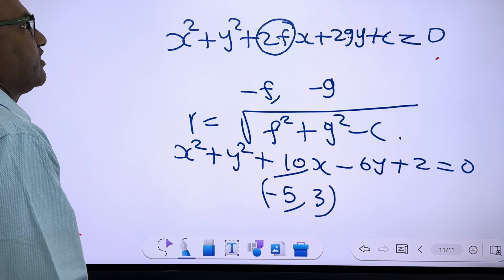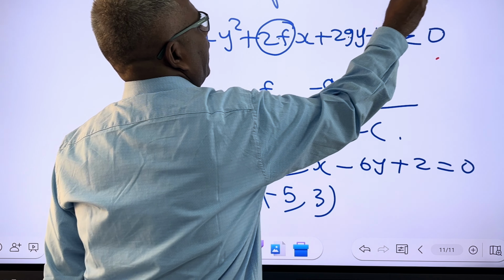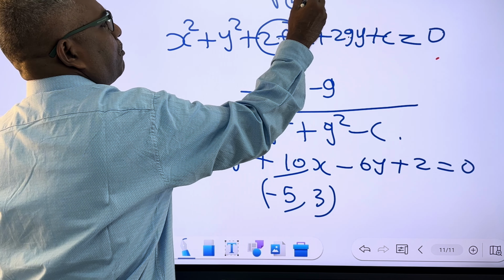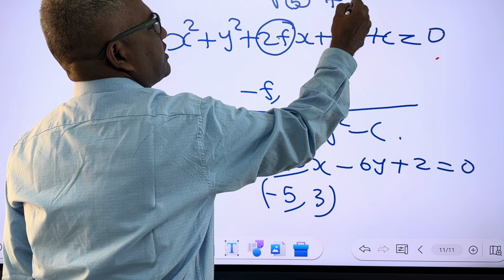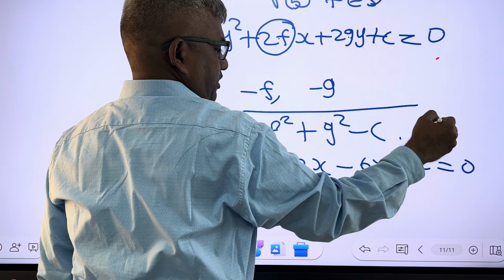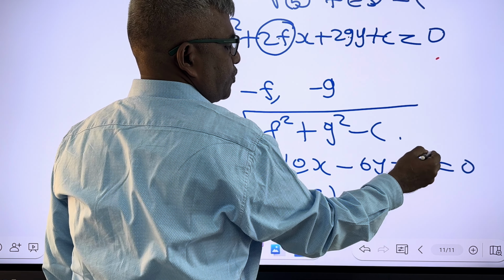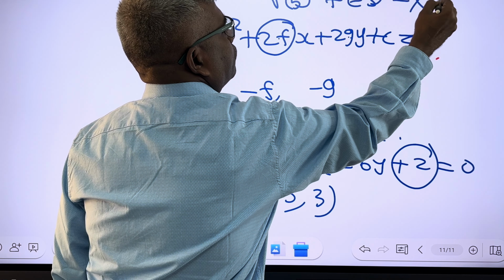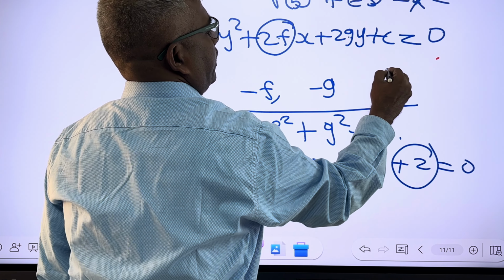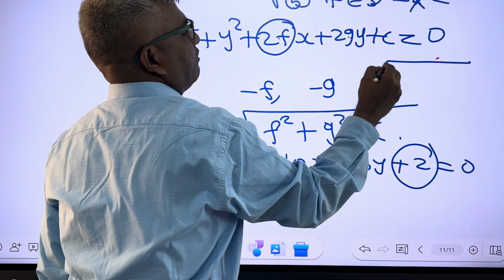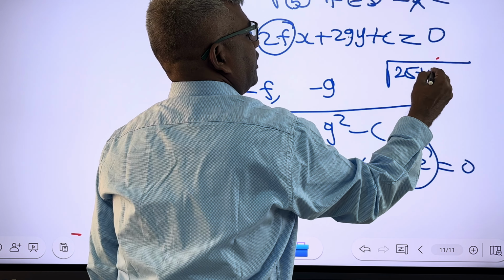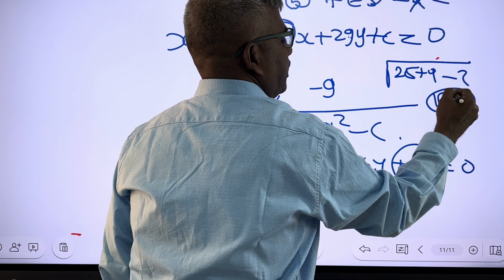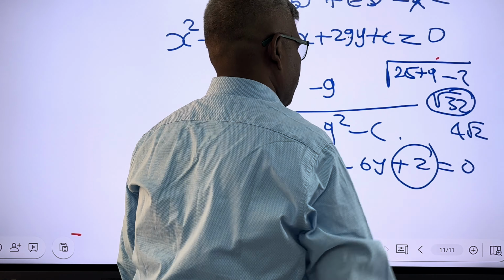What is the radius? f squared plus g squared minus c. c is this one, 2. So root of 25 plus 9, 34, minus 2, so square root of 32. Square root of 32 is 4 root 2.